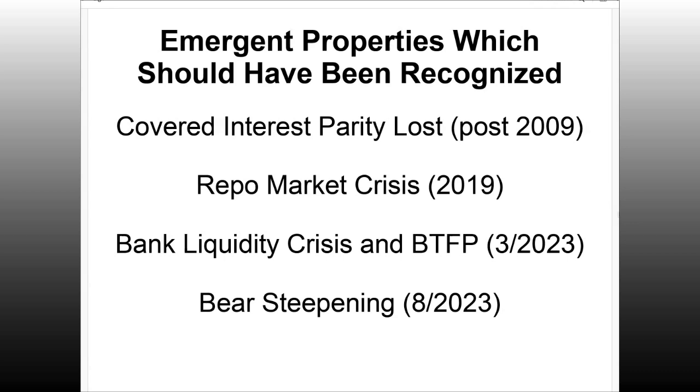Now, when you have an inverted yield curve, that is, the higher rates are closer in maturity and the lower rates are further out. There are two ways that the curve can return to normal.